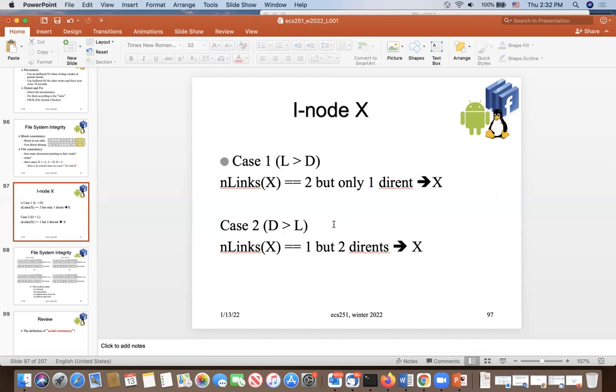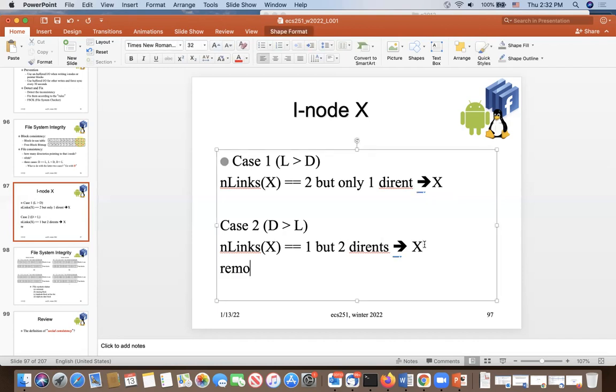D greater than L is actually more dangerous. Here's why. Because if somebody tried to remove X, the file represented by X, this must be removed from one of the 2 directory entries.